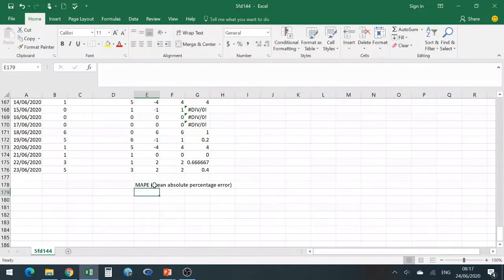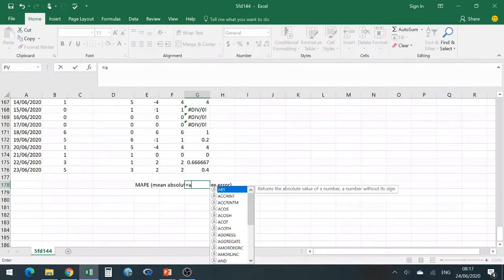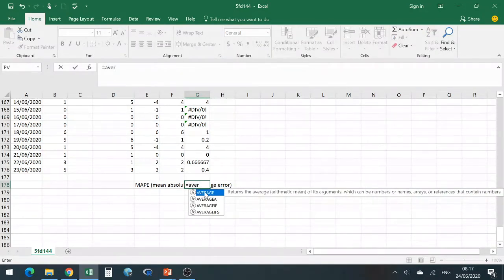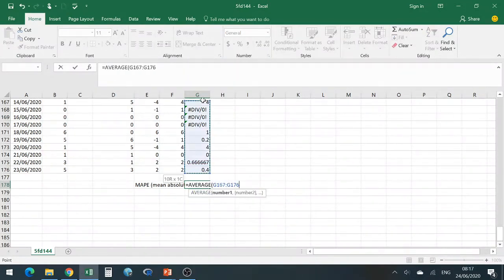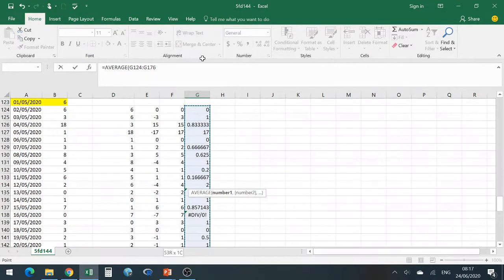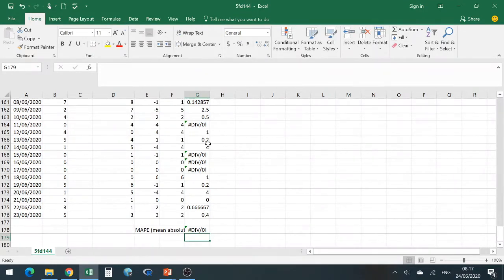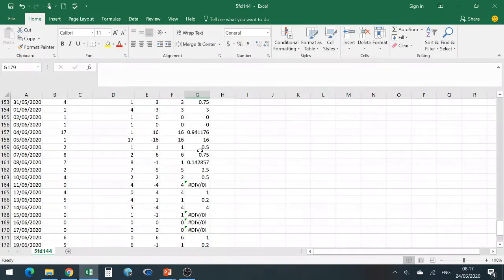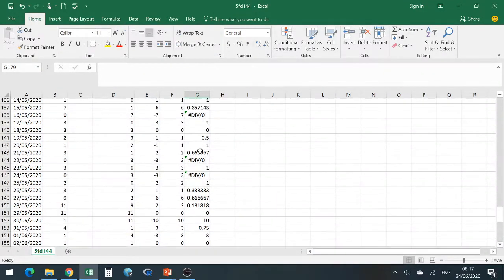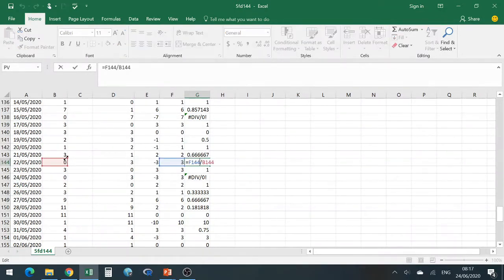It's just an average, so you're going to take the average of these. Some numbers have an error because they were divided by 0, but actually this is just 1.